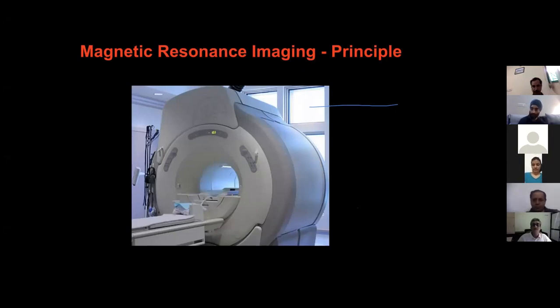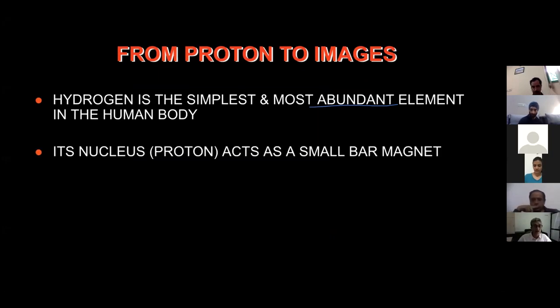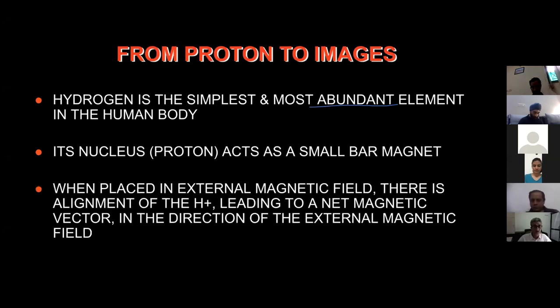So let us start with principle. Hydrogen is the simplest and most abundant element in the human body. Its nucleus, that is the proton, acts as a small bar magnet. When placed in an external magnetic field, there is alignment of the hydrogen ions, leading to a net magnetic vector in the direction of the external magnetic field.